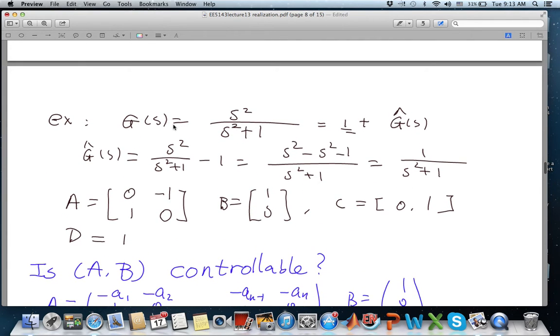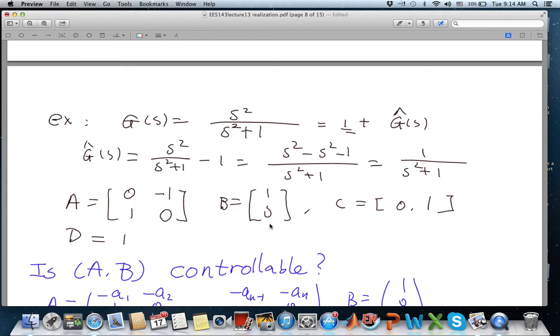So here we have G of S equals S squared divided by S squared plus 1, and then we can see that it's going to be 1 plus G hat of S, and G hat of S was calculated by G of S minus 1, and then we can get this S squared minus 1 in the numerator, which is going to be 1 over S squared plus 1. And then based on this, we can have the ABC matrix realization as A is 0, -1, 1, 0.